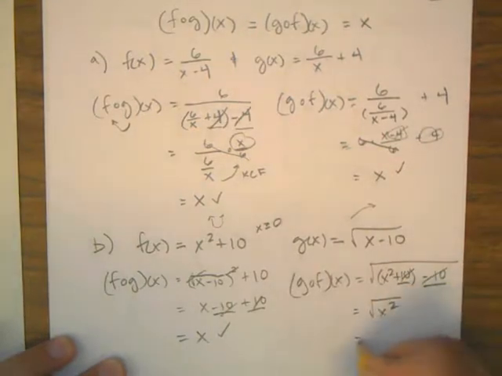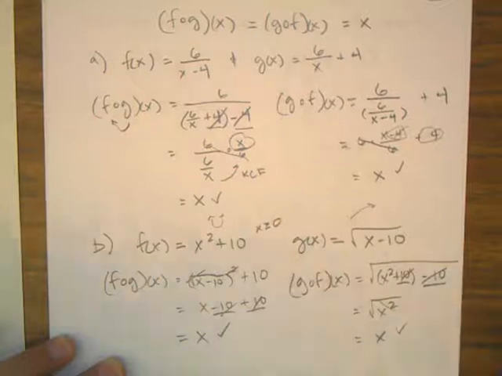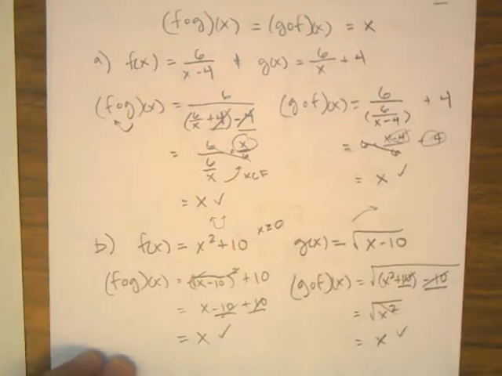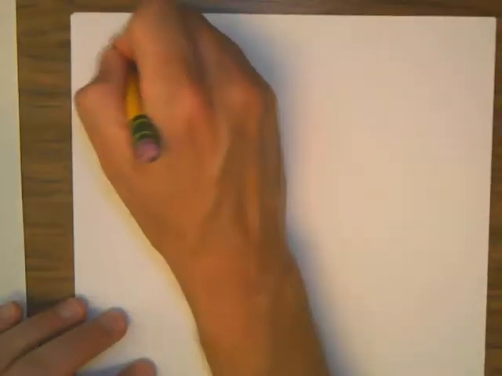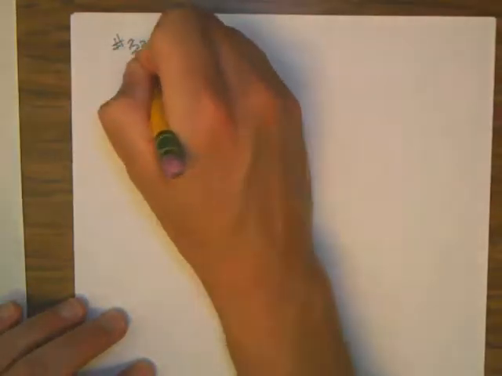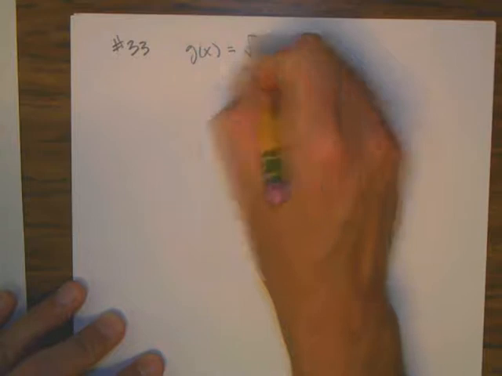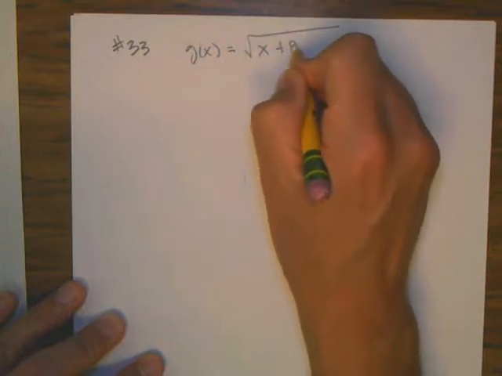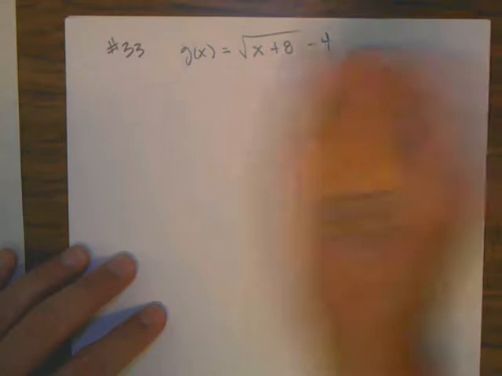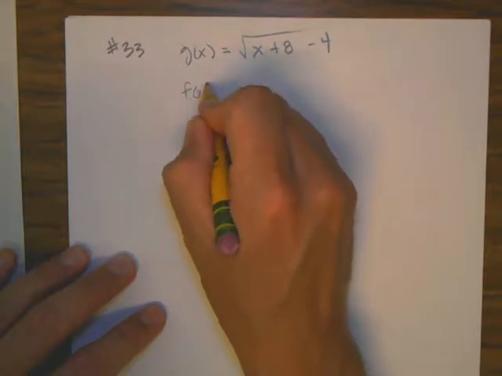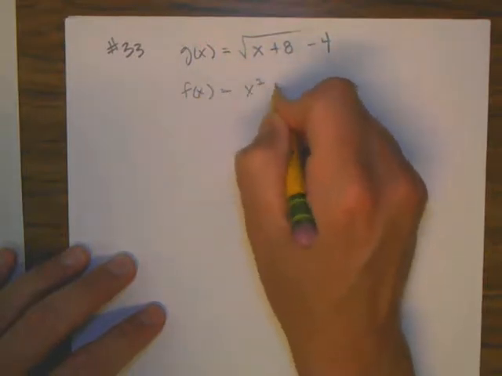Alright, so that's a good situation. Let's take a look at a bad one. This is actually number 33 on your homework. It looks like, I have it pulled up right here, g of x is equal to the square root of x plus 8, and your minus 4 is on the outside. f of x is equal to x squared plus 8x plus 8, where x is greater than or equal to negative 4.